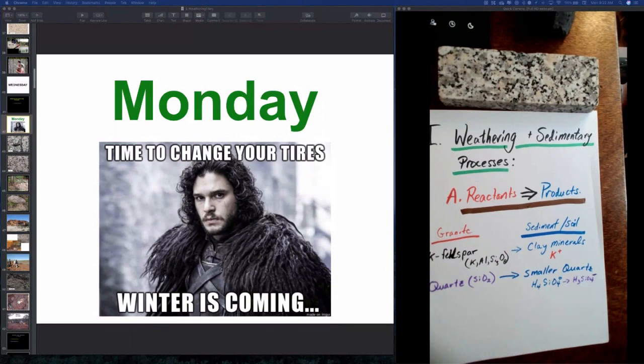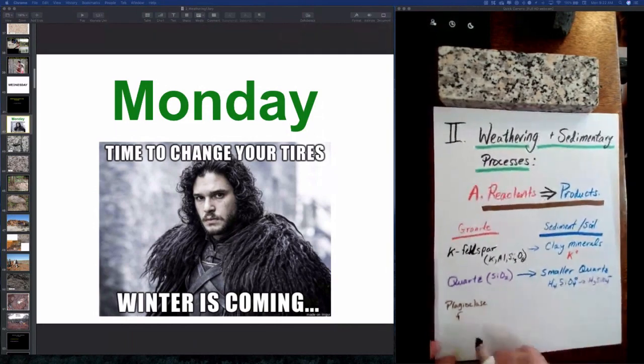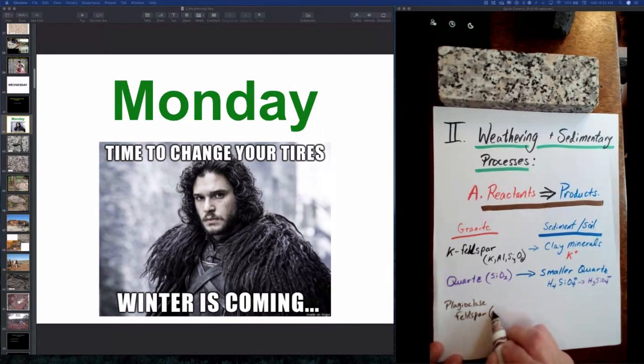And then another mineral, maybe plagioclase feldspar. Typically, in this case, and in the case of granite, it's sodium rich: Na, aluminum, silicon, and oxygen.